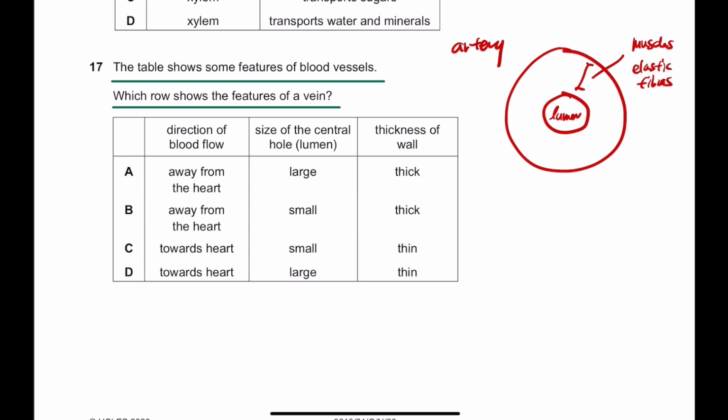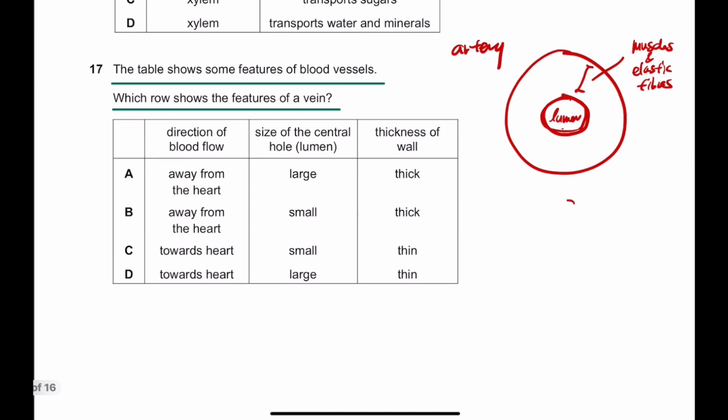The artery has a very thick wall because it has to withstand a high pressure. Since the lumen is small, the lumen, in other words, the space, is small, the pressure remains high constantly.